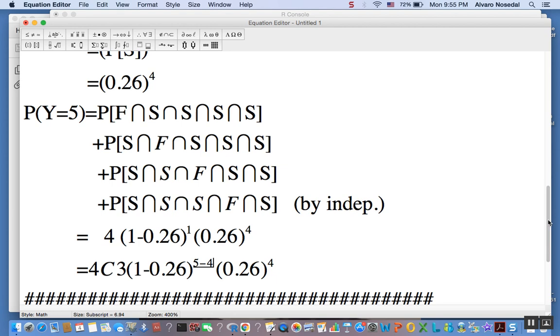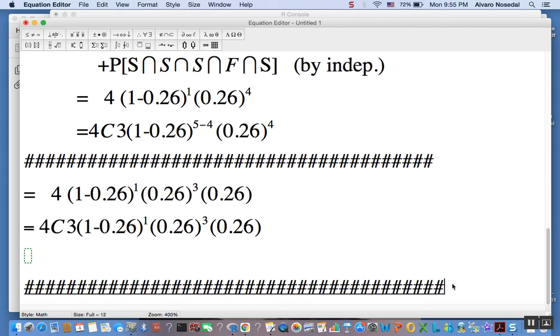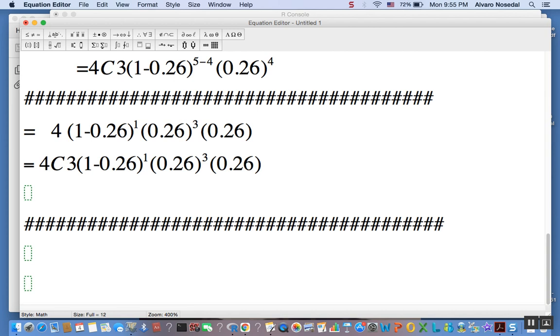Okay, let's keep going. Let's try and do one more. Let's do 6, and then we're going to generalize for any k that is greater or equal to 4. So the probability that y equals 6. I'm going to write down the first sequence, but then we're going to try and use our observation.